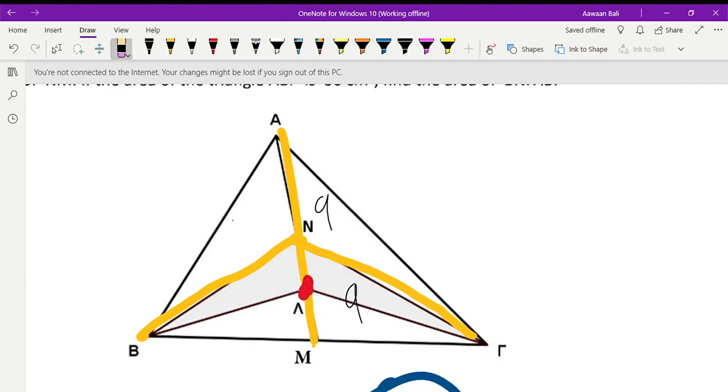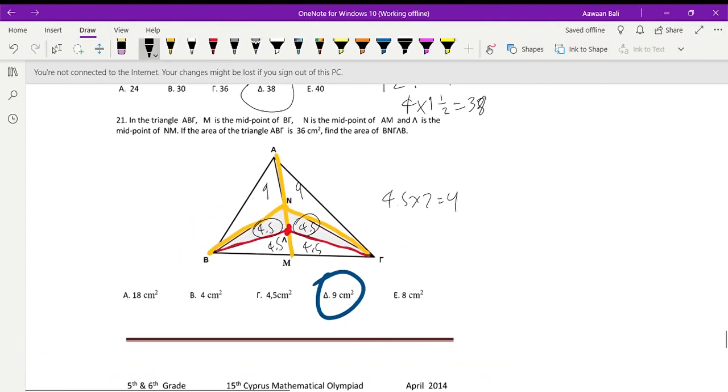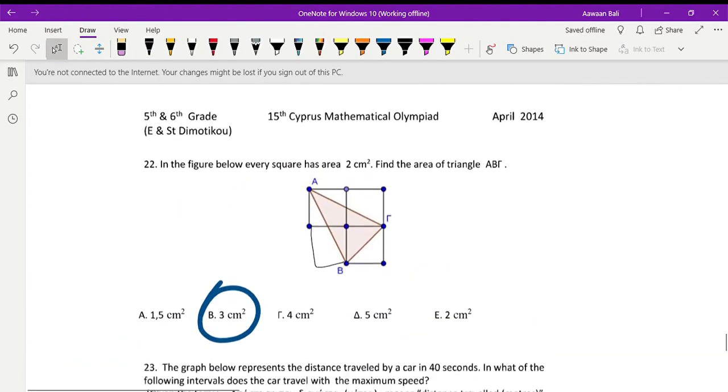So it's even better now, because half of 9 is 4.5. So this is 4.5, 4.5, 4.5, 4.5. Now it's asking for the shaded part, and since we know both these parts are 4.5, 4.5 times 2 is 9. Therefore, the answer is 9 centimeters squared, delta.